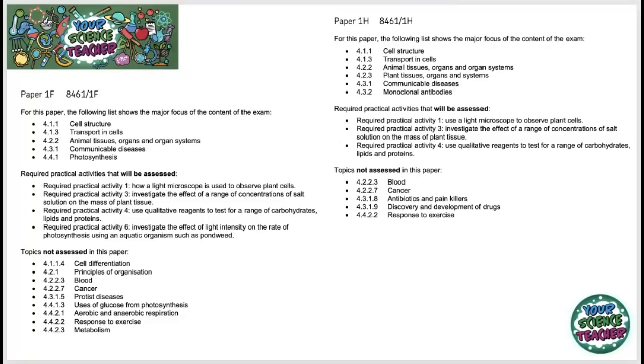And you can see here that it said that, for example, they will cover cell structure, transport in cells, animal tissues, communicable diseases on both higher and foundation. So I'm going to talk about them in this video. I'm also going to go over monoclonal antibodies for those higher tier students, and I will be doing the plant tissues as well for them. And I will also go at the end of the video over photosynthesis for those doing foundation. So please do stick around for that.